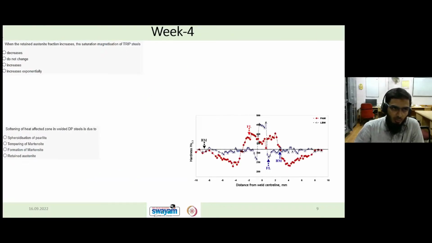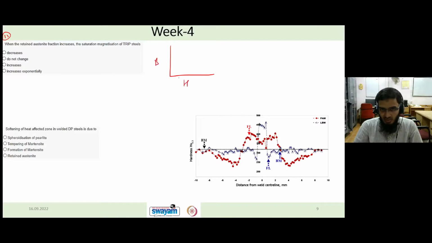Now problem number 11. When the retained austenite fraction increases, what happens to the saturation magnetization of strip steel? It will decrease, not change, or increase exponentially. If you plot the curve between B versus H, the plot will look like this.